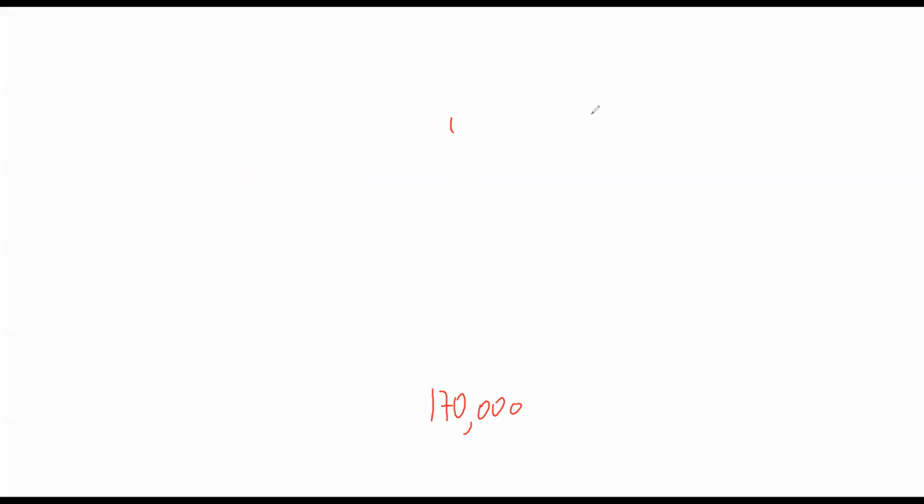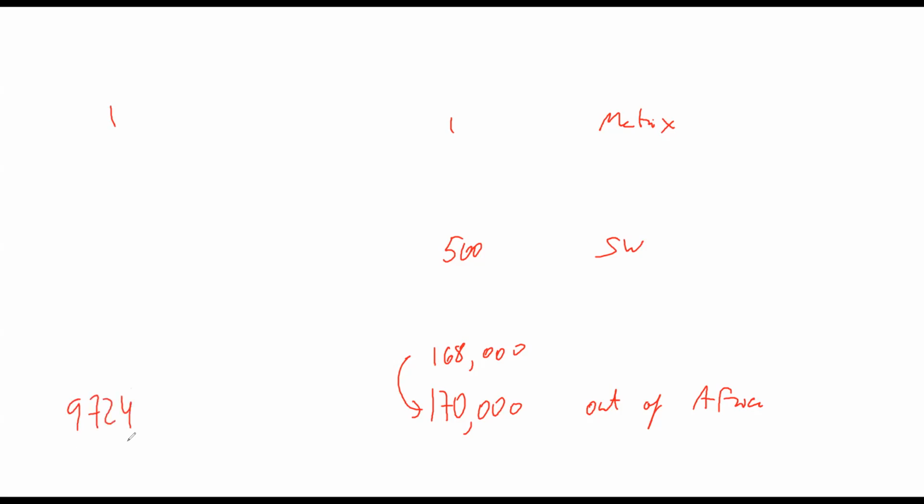So this is The Matrix, and this is Out of Africa, and then Star Wars, I don't know, 500 somewhere in there. We have all of these movies, but there's a lot of missing things. We might go from ID 168,000 to 170,000 with nothing in between. So in the end, we really end up with just IDs from 1 to 9,724.